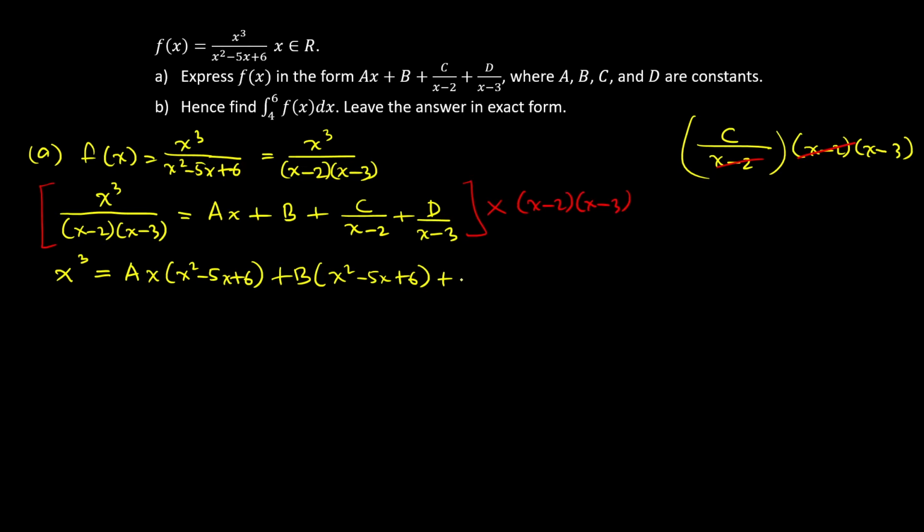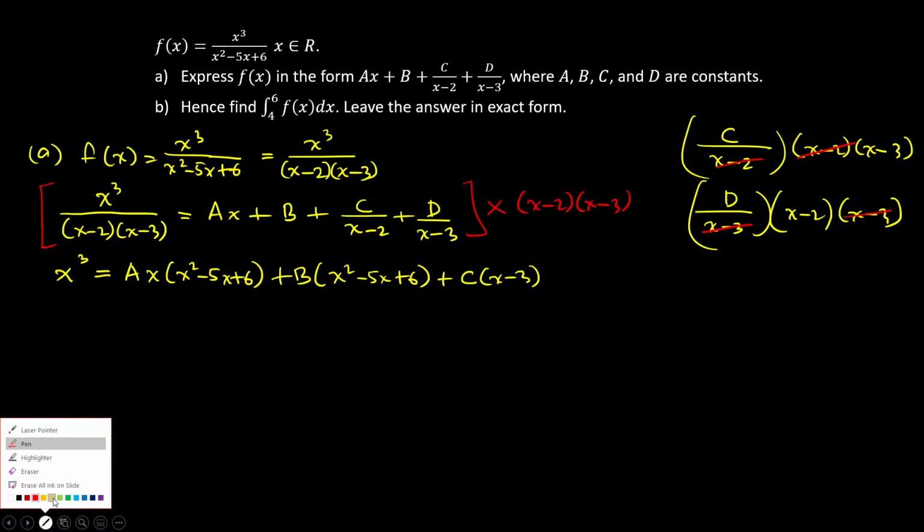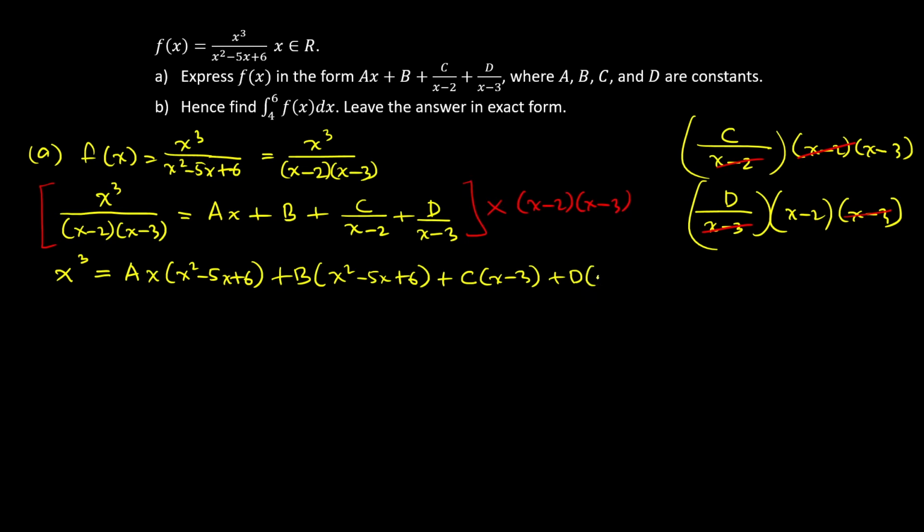Then finally, we multiply likewise d over x minus 3 by x minus 2 and x minus 3. As you can see, this cancels off, so we have d times x minus 2. Okay, I'm going to delete these things here so that I can create more room.